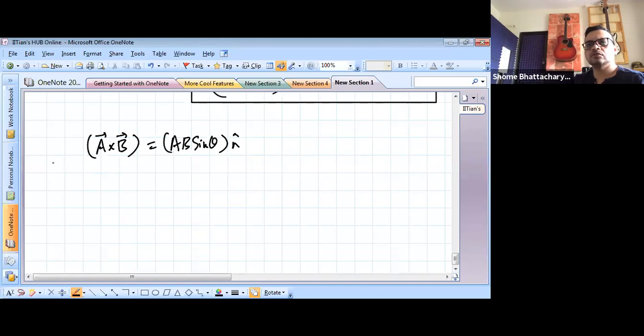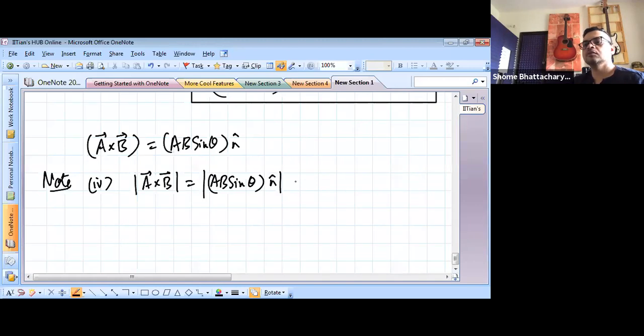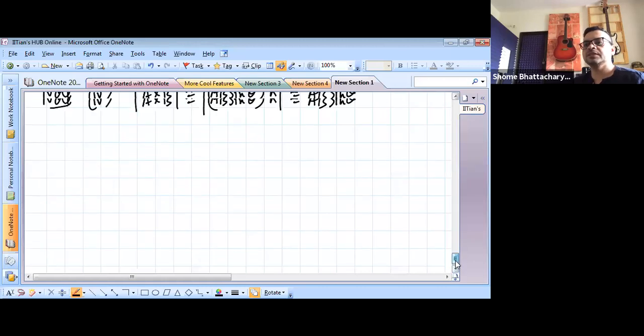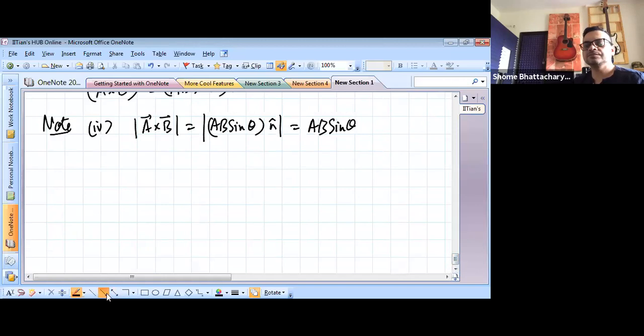Okay, now next point is that the magnitude of A cross B, which we just saw above, is mod of AB sine theta n cap, which means that it is just AB sine theta. Now, if you notice, AB sine theta has an interpretation, a significance.